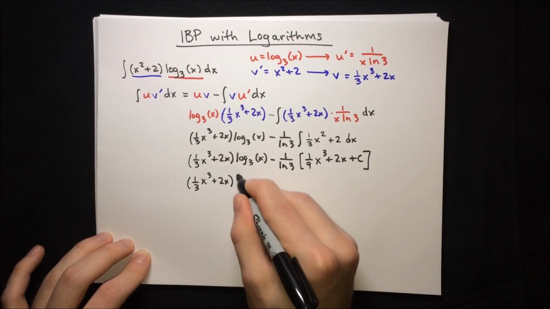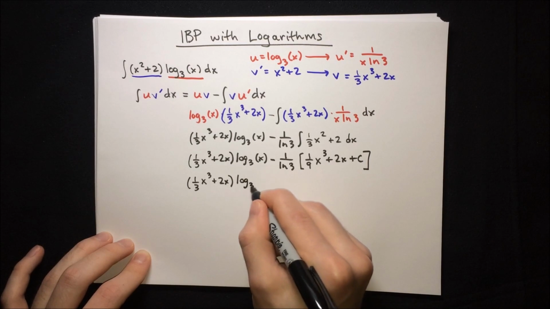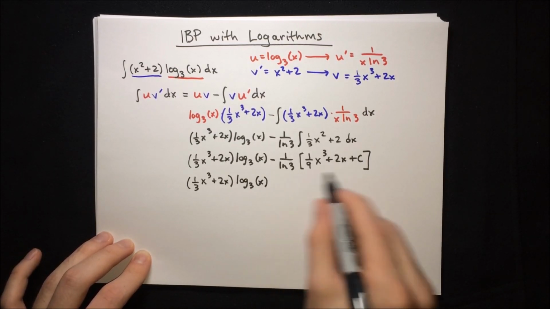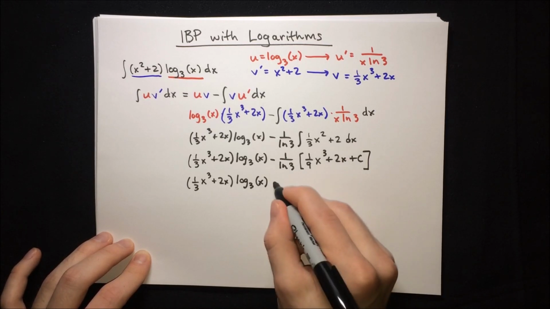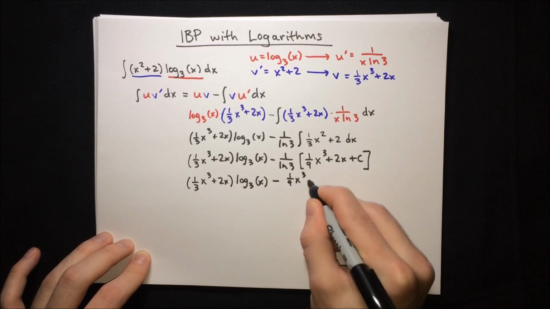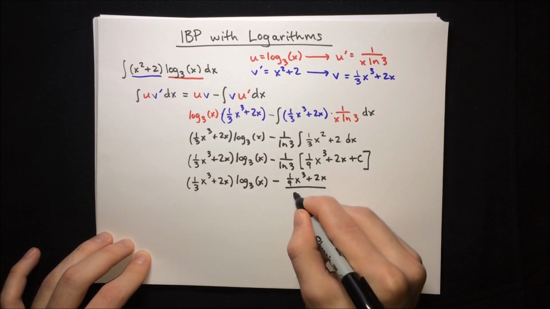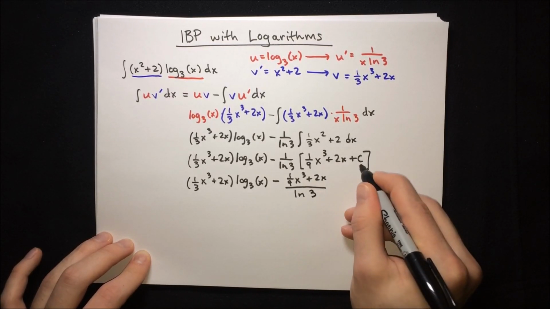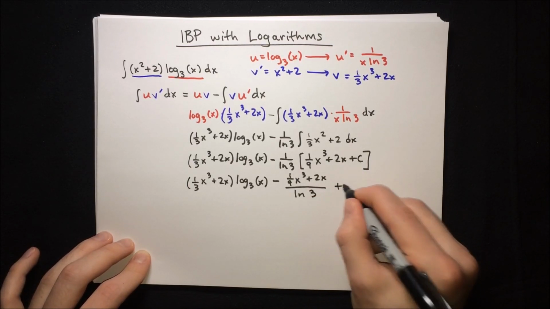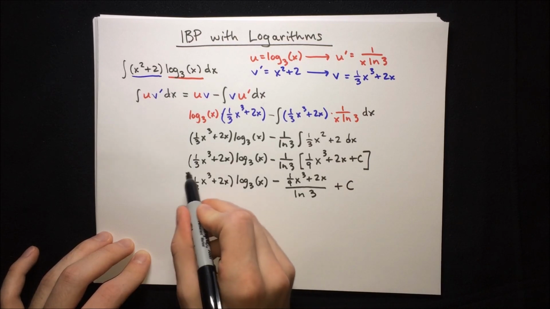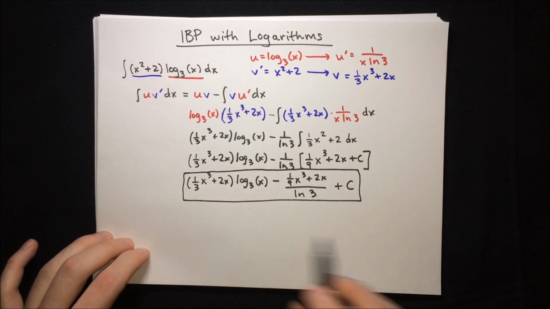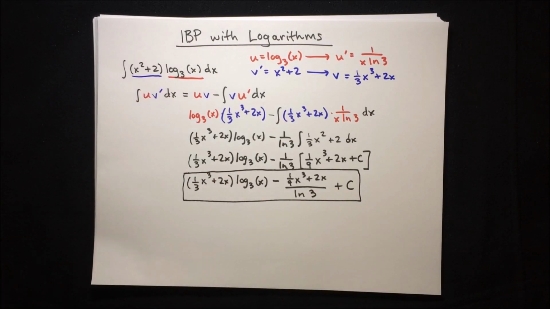We're going to keep the left terms the same, but on the right terms we'll distribute that 1 over ln 3 to both of these. We'll put them over a fraction, so minus 1/9 x cubed plus 2x over ln 3, and then the c, since that's just a constant, then c over ln 3 is still just a constant, so we can just put a plus c at the end. And there we have it. There is our solution to that integral.